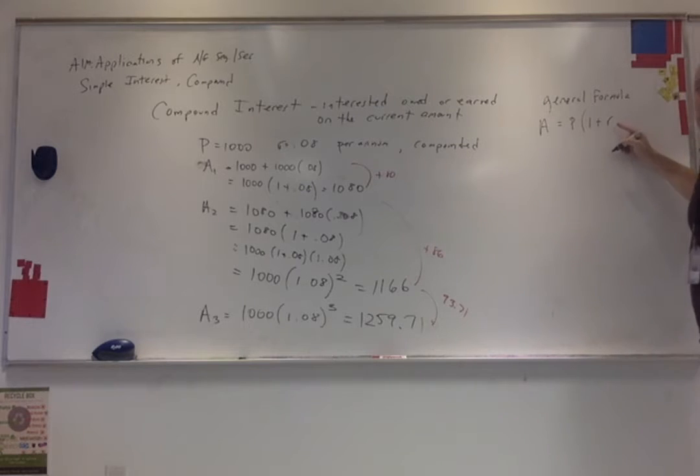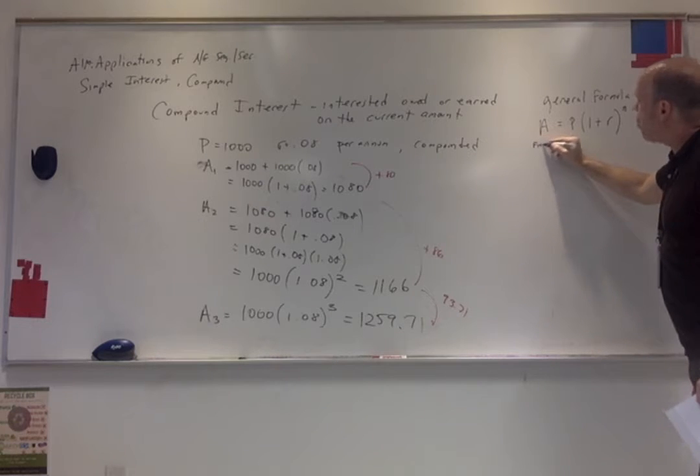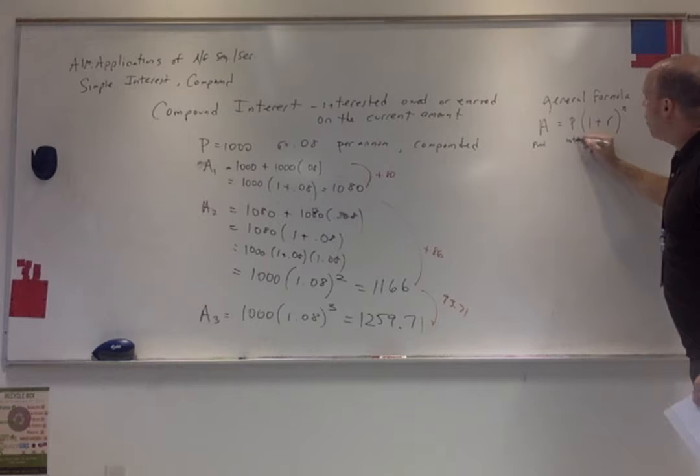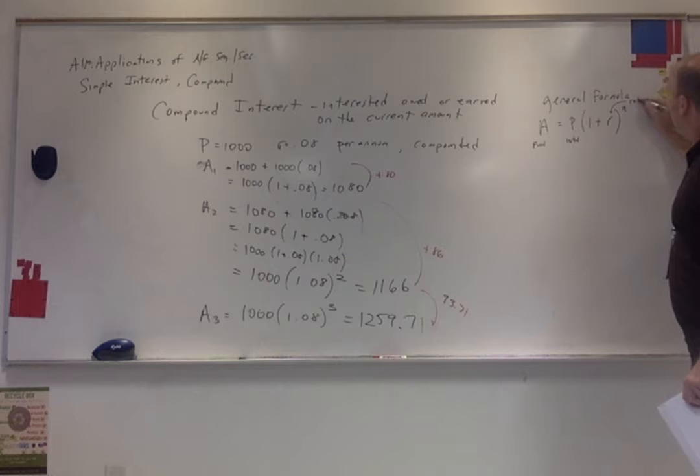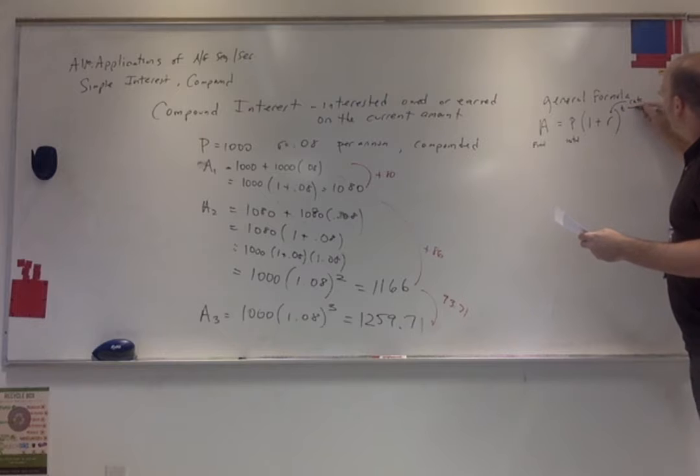We know to write this as a decimal, okay? Times N. So the A is the final amount. The P is the initial. The R is the rate. I'm sorry, let's make this, instead of N, I apologize. We're going to make this T for the time.